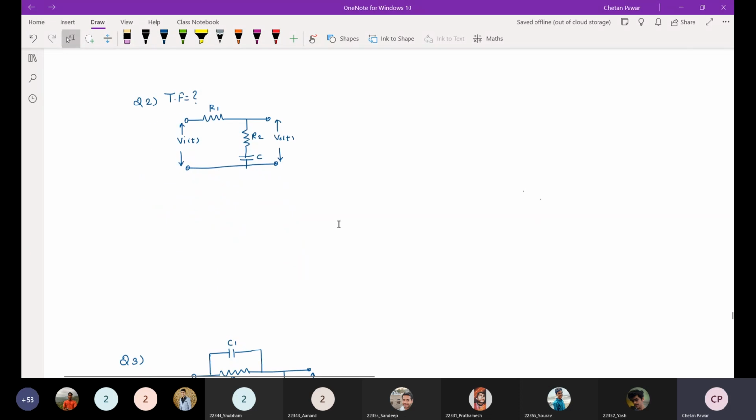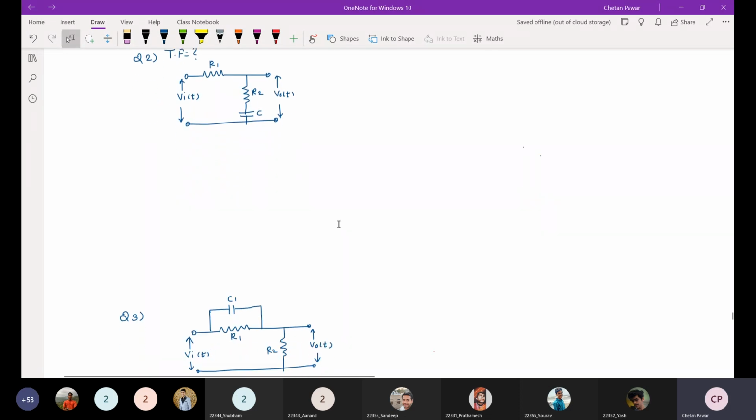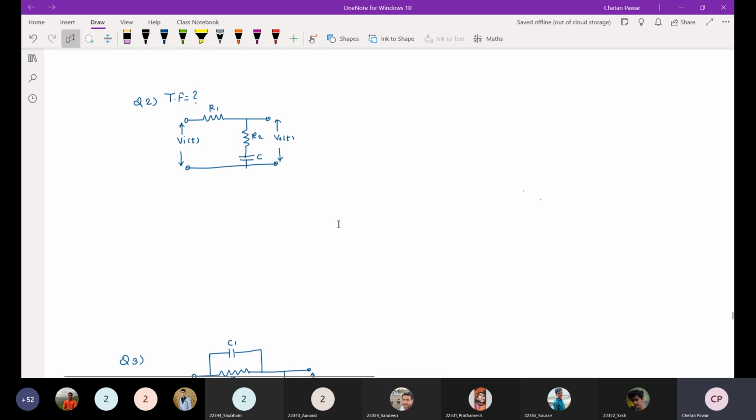Now if we consider the second example here, I will apply the S-domain technique directly. The second technique is that I will convert the circuit into S domain and directly calculate the transfer function by using the potential divider rule.